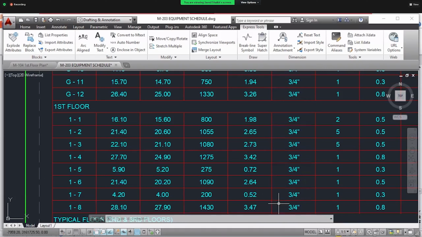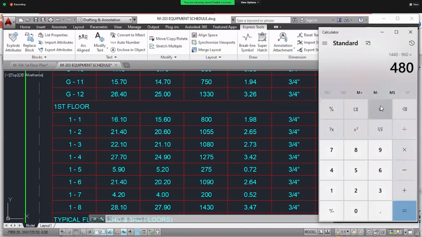We have to divide it by 12. So 21.40 TMBH divided by 12.